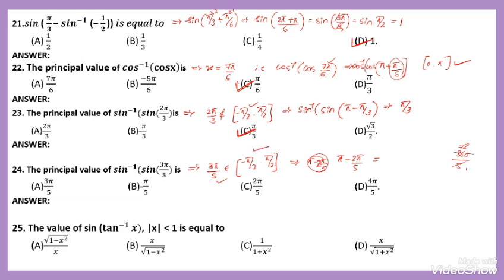The answer is 2 pi by 5. Now, the value of sine of tan inverse x. The value of sine of tan inverse x, where mod x is always less than or equal to 1, is equal to.